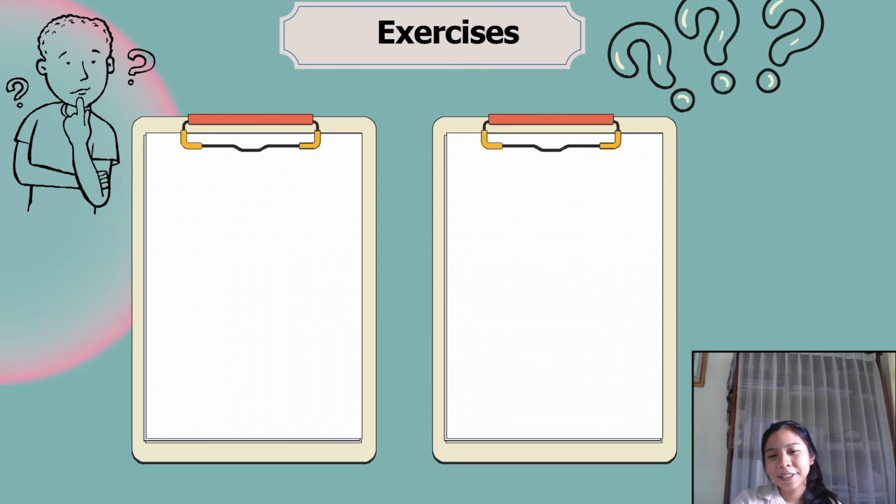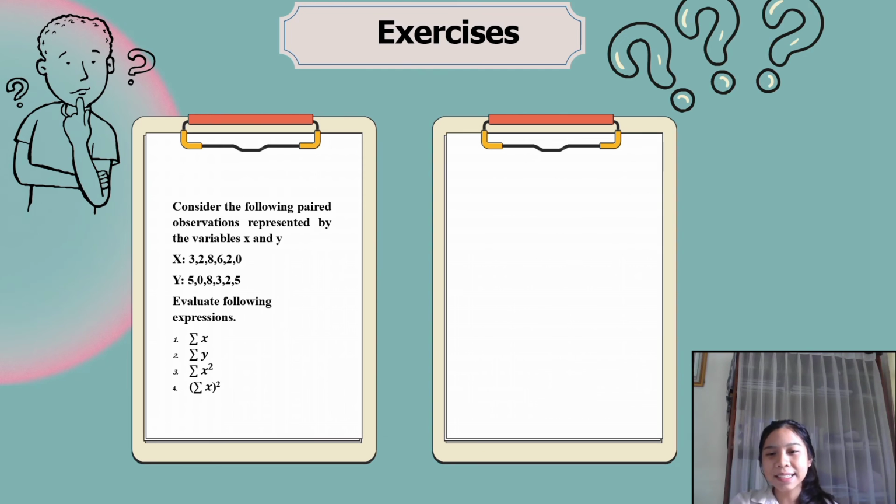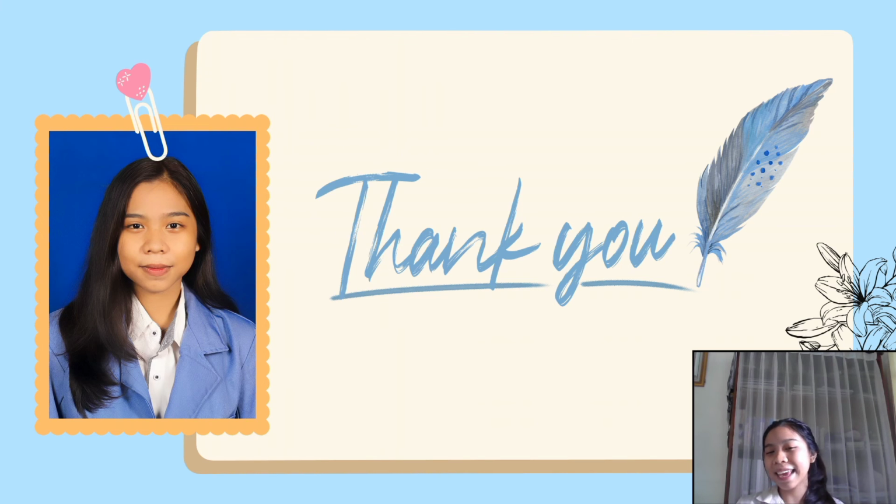Okay, to see if you understand my explanation, please try the last two questions. You can screenshot or maybe write the question on paper. That's all my explanation. Thank you for your attention. Sorry for my mistake. I hope what I explained earlier is understandable and useful.